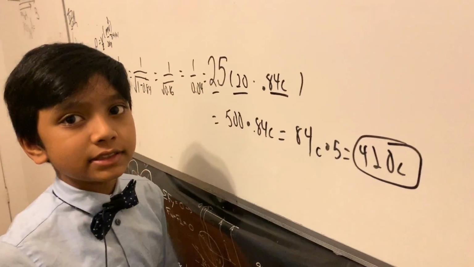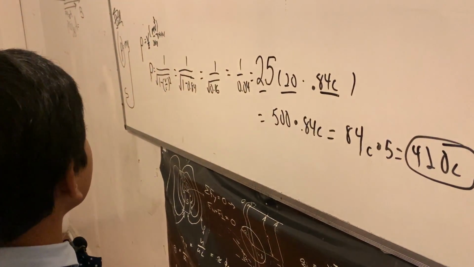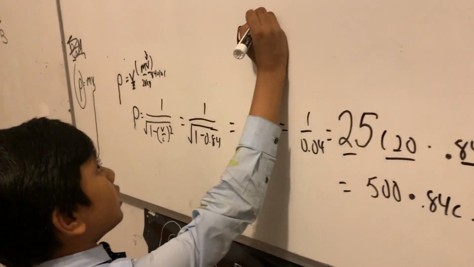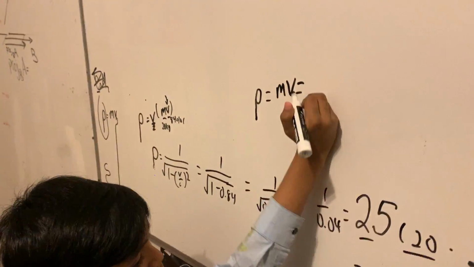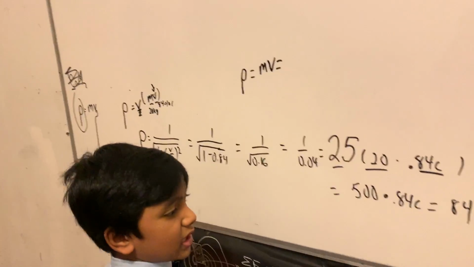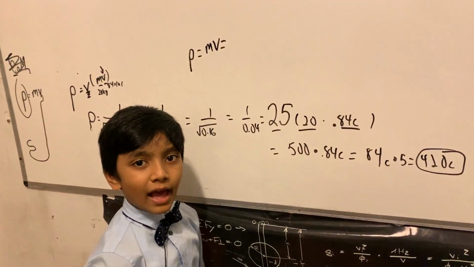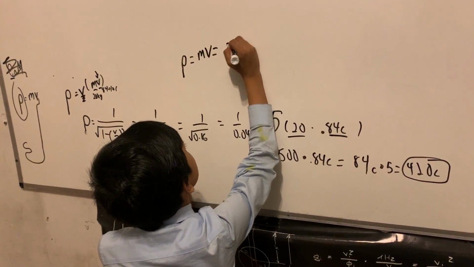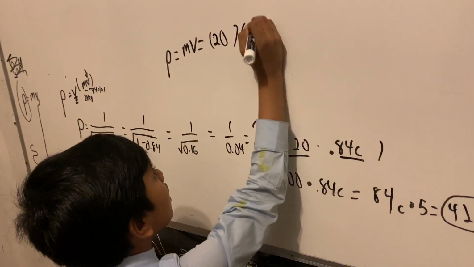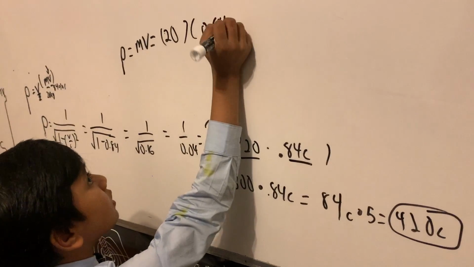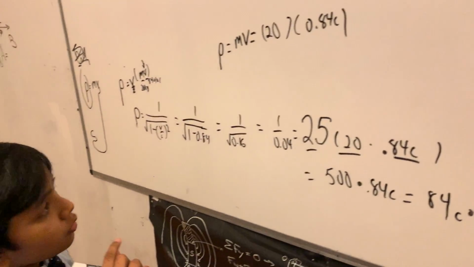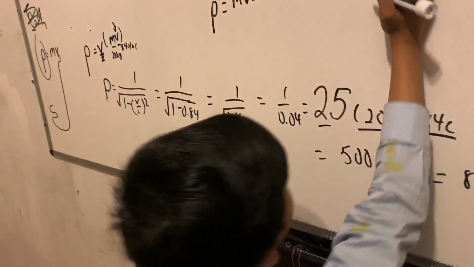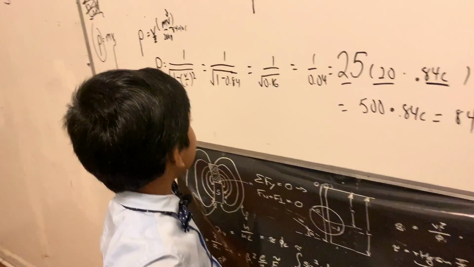Now, that's obviously really high. But what would happen if we used the original equation on this kind of velocity? Well, it obviously wouldn't work out. We would get different results that aren't representative of the actual answer. Look at this: 20 times 0.84c. That's way smaller than our original answer, and not how it's supposed to be when you're going at such large speeds.